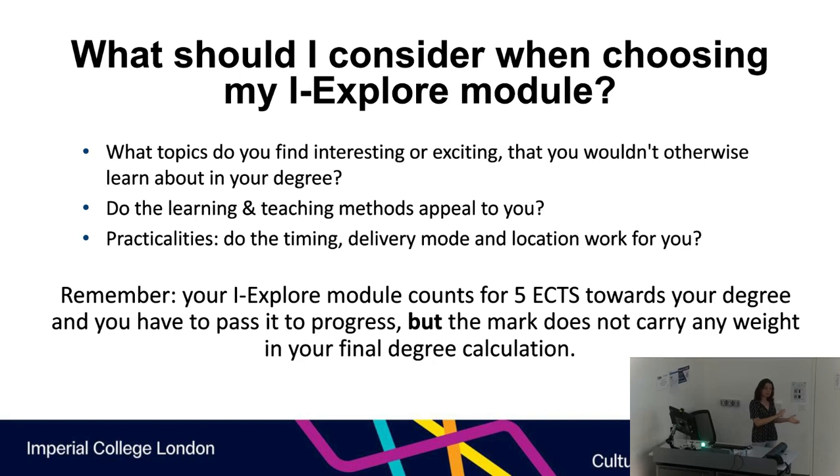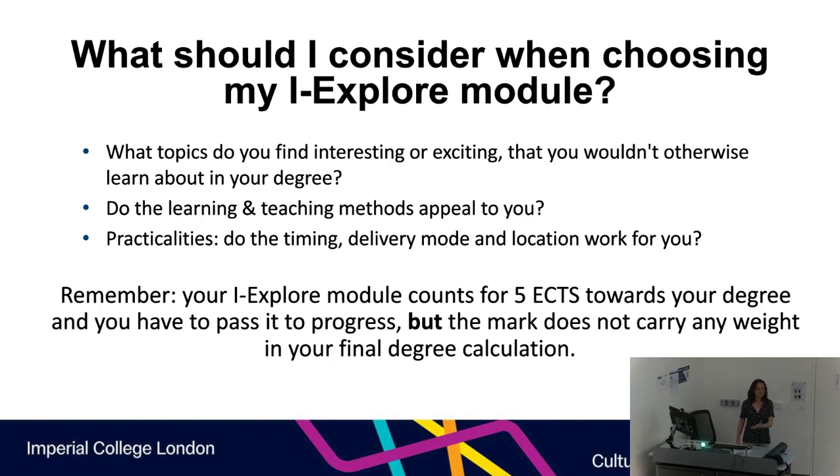You do have to pass because these are degree credits, and you can't pass to your next year if you don't have all the degree credits. But although you get a mark and it shows on your transcript, it won't count towards your overall degree calculation. So if you are brave and you choose something completely new, you may think, I have never done any practical art, I'm going to do it now, and I'm taking a practical art course.